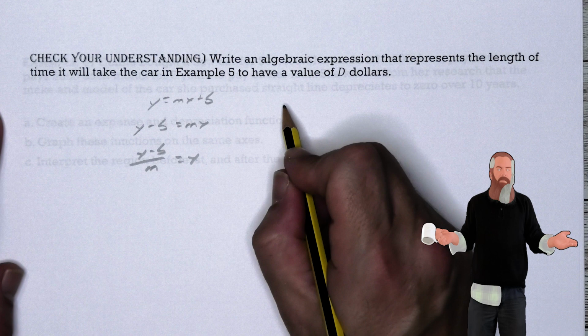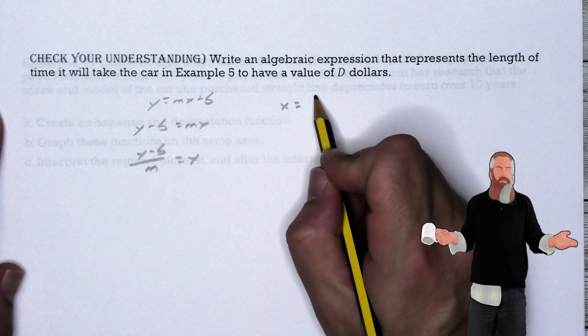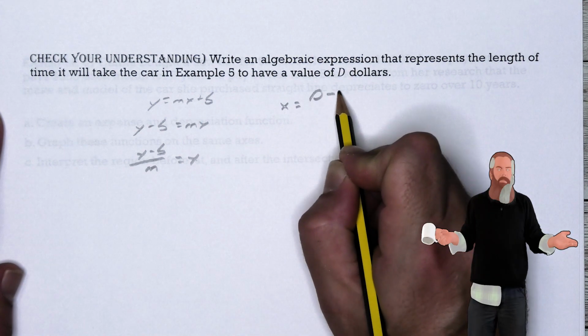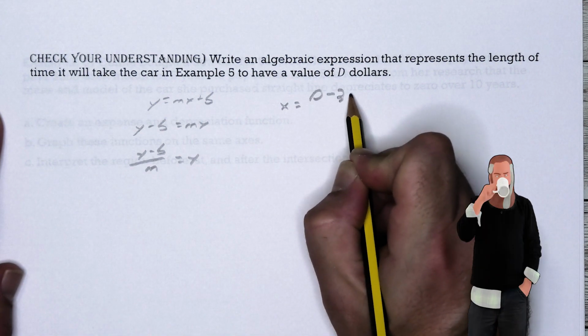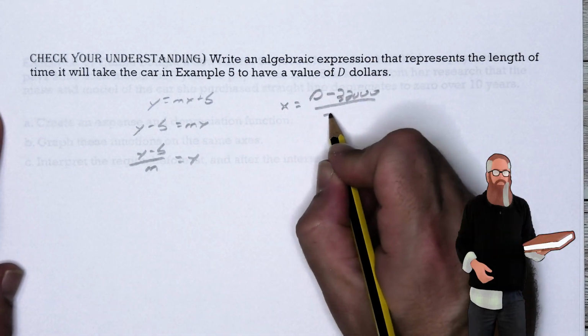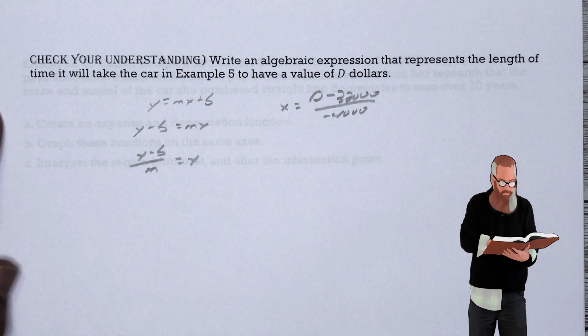Now, we already know a great deal of information from that last question. Here, our unknown end value is d. If we subtract the original purchase price of $32,000 and divide it by its depreciation of a negative $4,000, then we'll be able to find that answer.